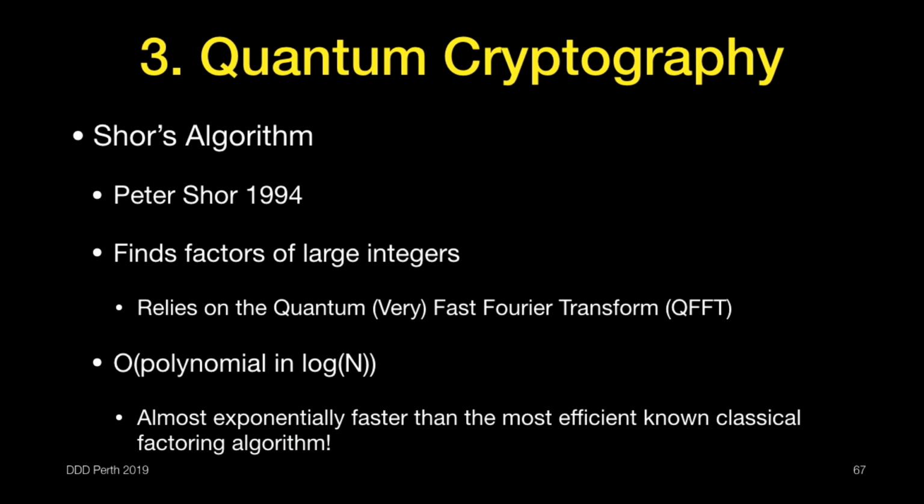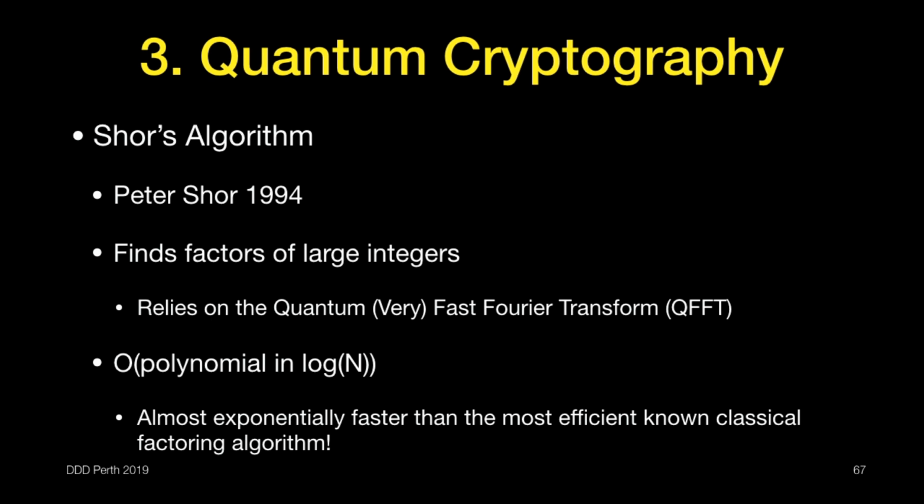So it's almost exponentially faster than the most efficient known classical algorithms. So the bad news here is, if we have a quantum computer that can do this, it can break all our current encryptions, which use large prime factors of integers.